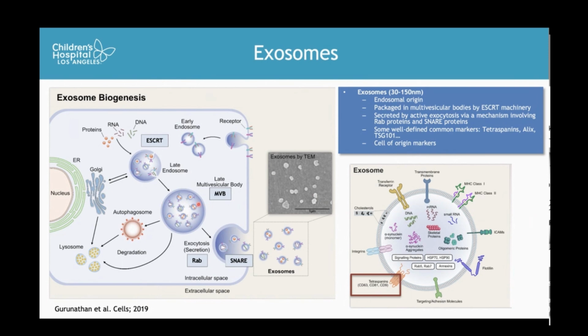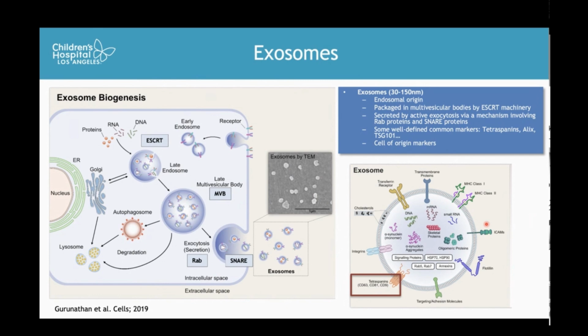These vesicles are then found in multivesicular bodies, which are late endosomes filled with mature vesicles. They're then secreted by active exocytosis by a mechanism involving Rab proteins and SNARE proteins, which induce fusion with the plasma membrane, and then exosomes are released in the extracellular milieu. You can see here the generic structure of an exosome, which is pretty similar to all types of vesicles.